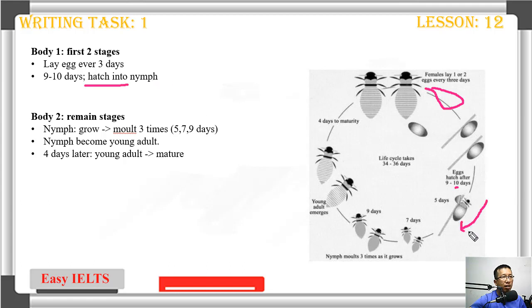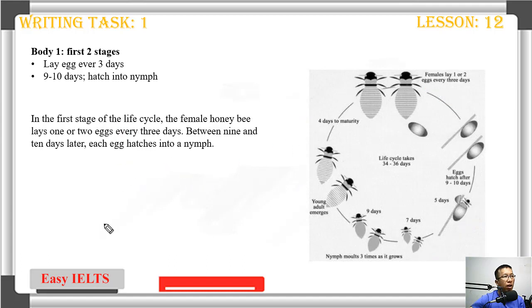Body 2, the nymph molts 3 times, at 5 days, 7 days, 9 days, and the nymph becomes a young adult, and 4 days later, the young adult becomes mature.